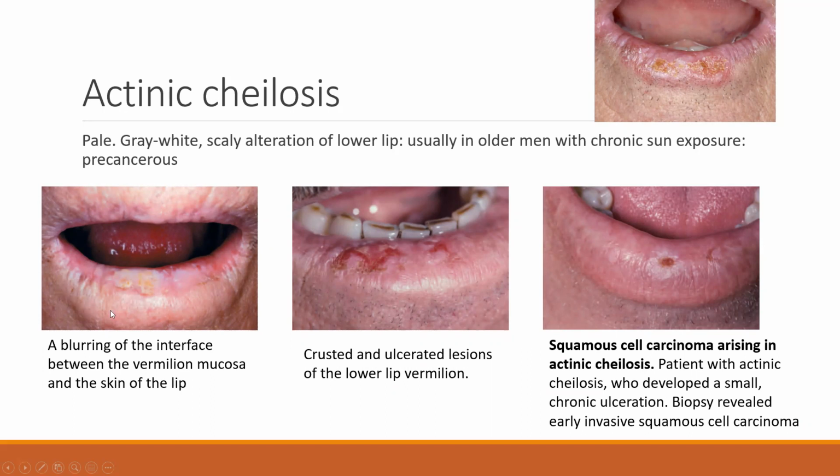We can do vermilionectomy, that is surgery, or many alternatives have been proposed, like laser removal, topical 5-fluorouracil, imiquimod, all immunomodulators, or we can do a chemical peel. But this patient needs continuous monitoring, and whenever they develop an ulcer, it's best to biopsy because these lesions can convert into squamous cell carcinoma.